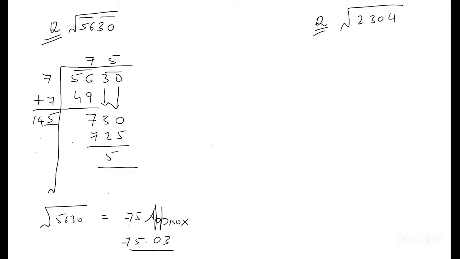Ma'am, this is not divisible. 2304. No, ma'am. Root is coming to 8. 2 plus 3 is 4, 4 plus 4 is 8. 5630 is not divisible. No, 2304. Abraham, DigiRoot is coming to 8. Okay.